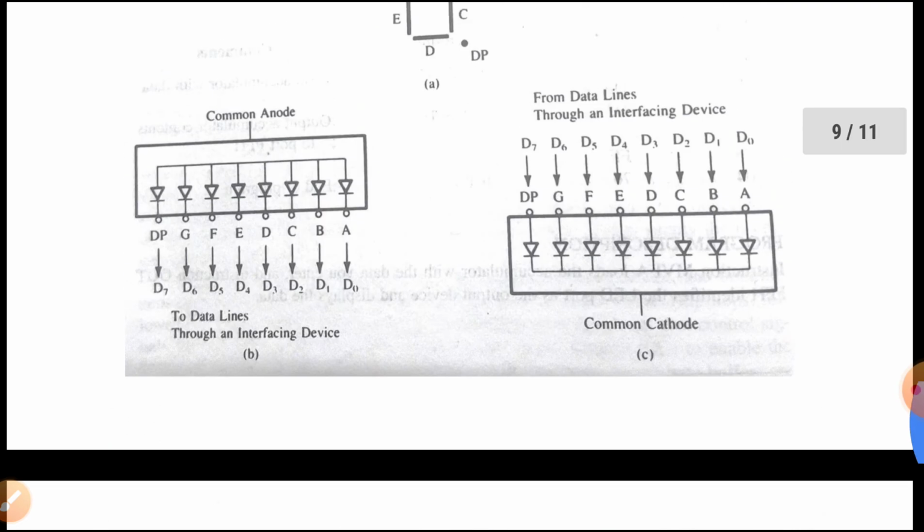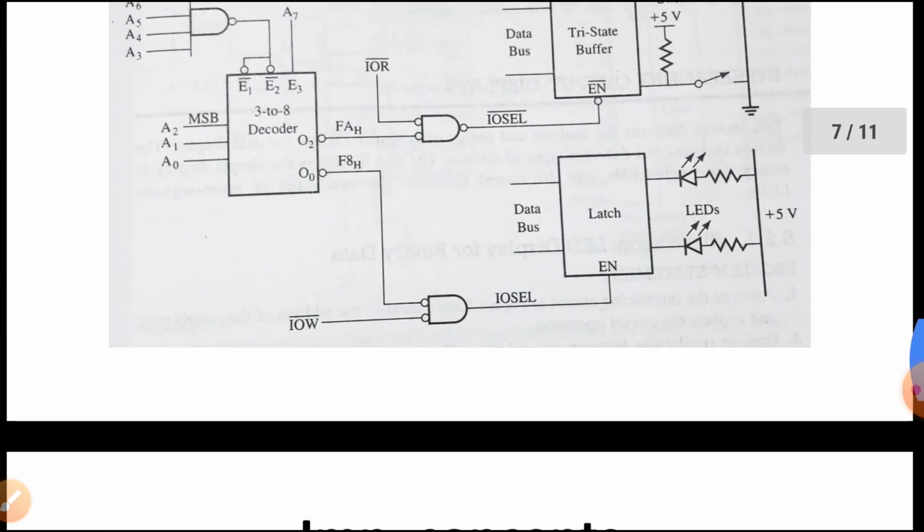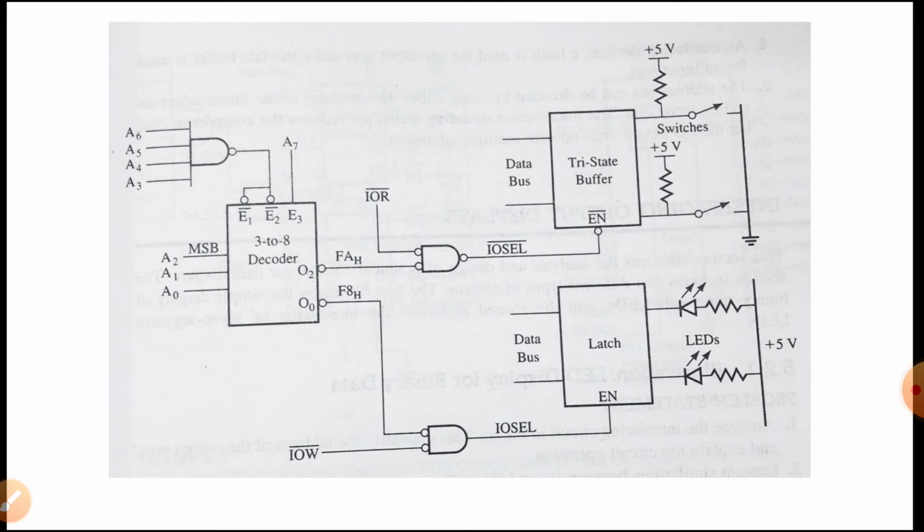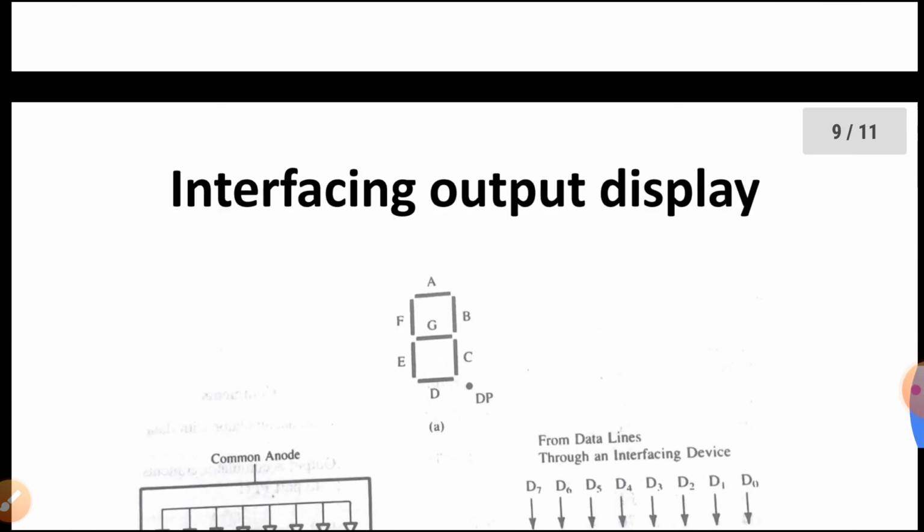Now if we want to have F5, the F5 address can be achieved by using A2, A1 and A0 as the input lines to the decoder, and A3 can be connected to the active low enable signal E1. Now the circuit is shown here.